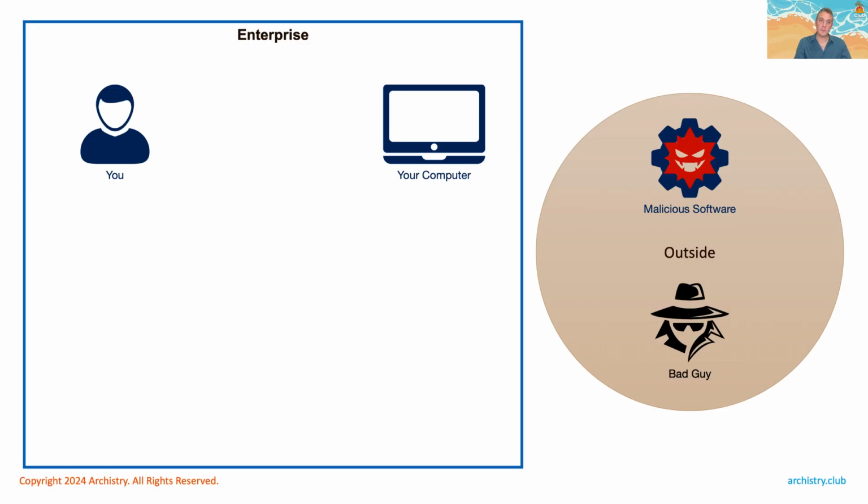Okay, working from the diagram that we had earlier, we've redrawn things a little bit. We've still got the outside world, and we've got a thing that we're representing as a box now called our enterprise. We still have you, we still have your computer, we still have the malicious software, we still have the bad guy. But what we're going to do is we're going to apply a pattern of decomposition to this enterprise.